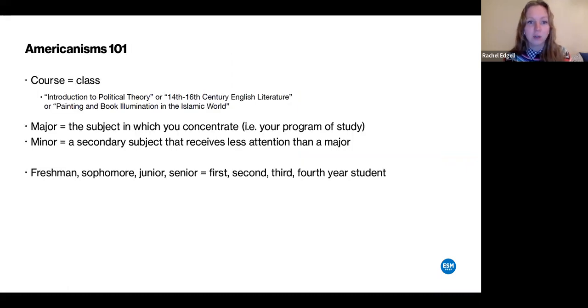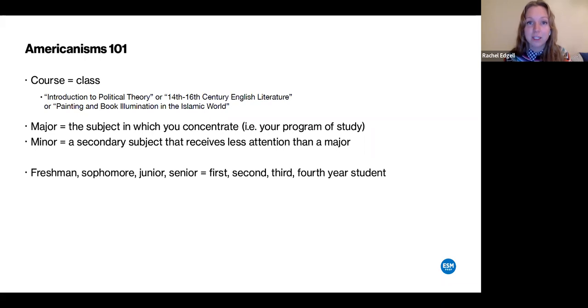So to get into the specifics then, there are a lot of what I'm calling Americanisms, a lot of words that we use in the US and UK context, but that have very different definitions in either context. I don't have this on here, but I use university to refer to that tertiary education system because I think it's a little bit easier and it clarifies what I mean.